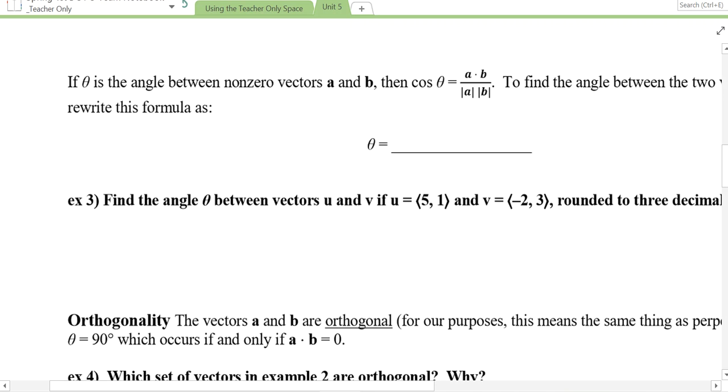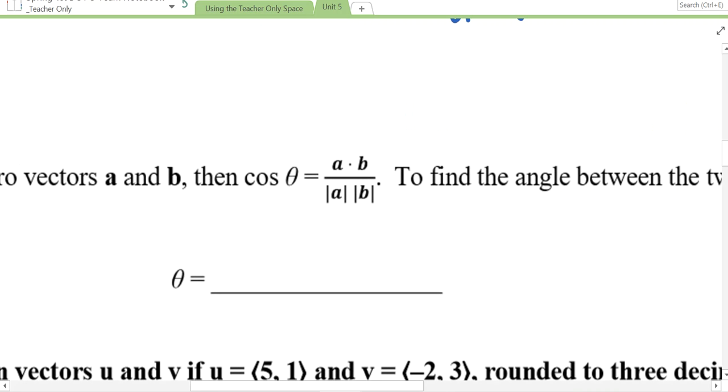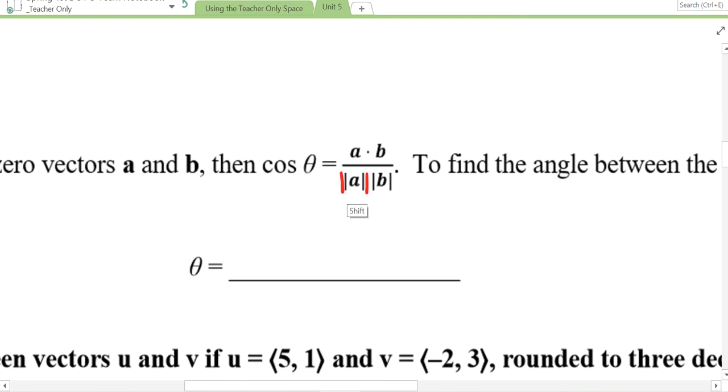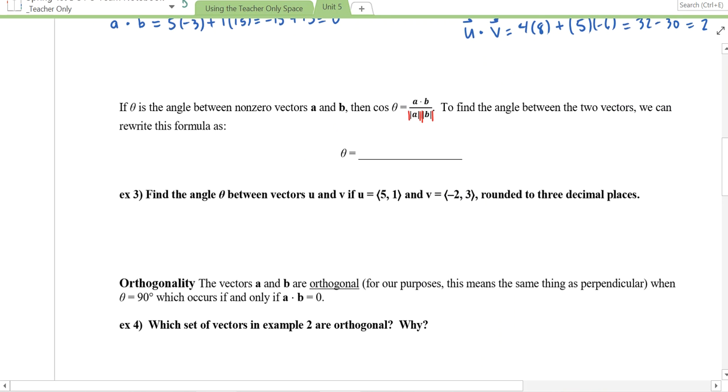And oh, one thing on the notation. This book uses the single bars. I prefer double bars when you're working on it. Why? Because I want to make sure you know that it's not an absolute value. It's actually a vector operation. Remember? Double bars. Okay. And then we can find that angle by taking the dot product of vector A and B and then dividing by the product of their magnitudes.